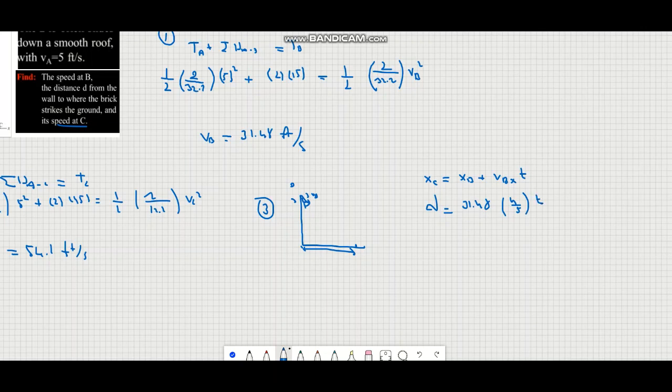So let's leave this one like this, D, and then let's go to the vertical position.